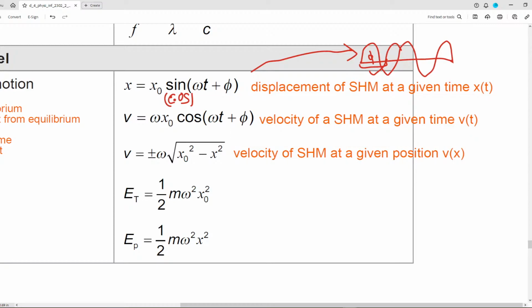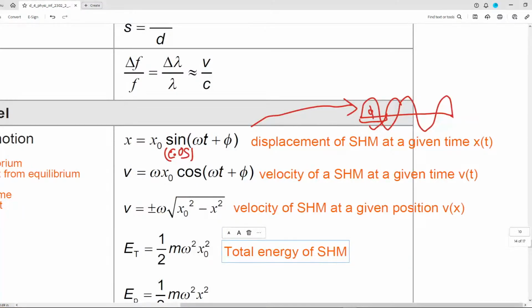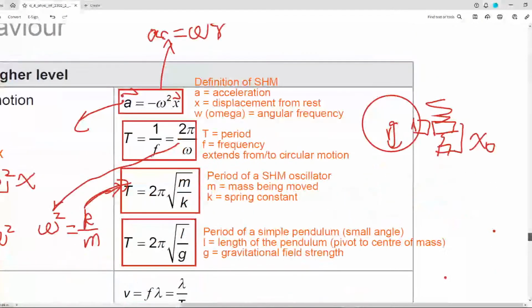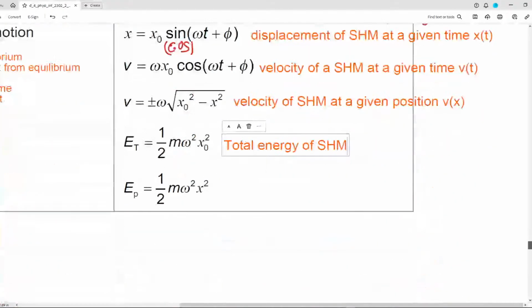And last, like I mentioned, this is the total energy of a simple harmonic oscillator. You'll notice when we use the modified formula calculated above, omega squared is k over m, this is just 1/2 kx squared, which is pretty reasonable, right?